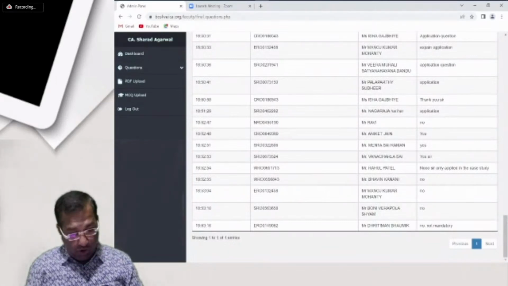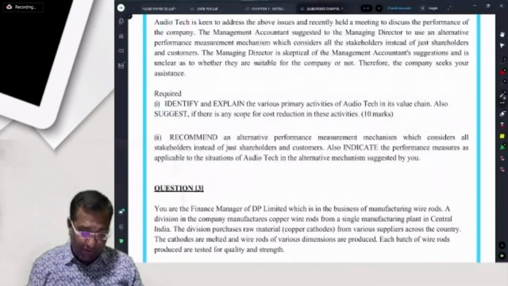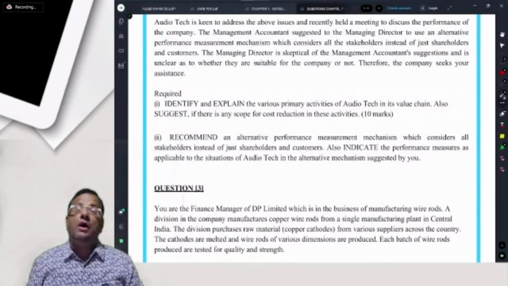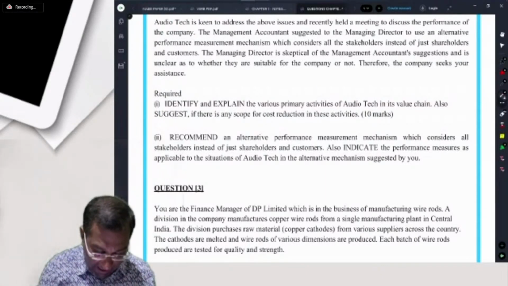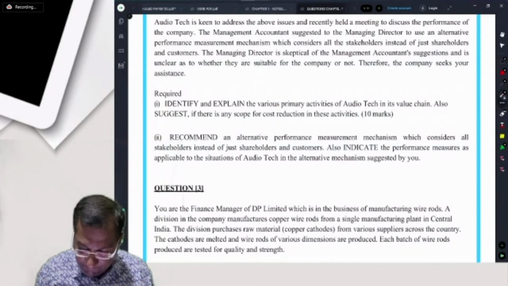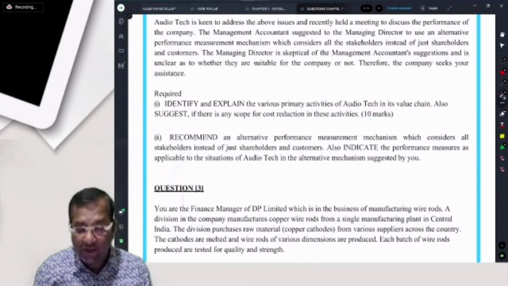No, beta, it's not mandatory in this particular question to write down all the 5 primary activities. The word is very important: identify the primary activities of Audio Tech.